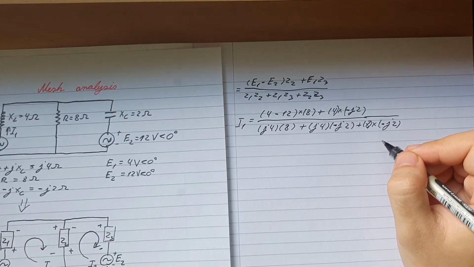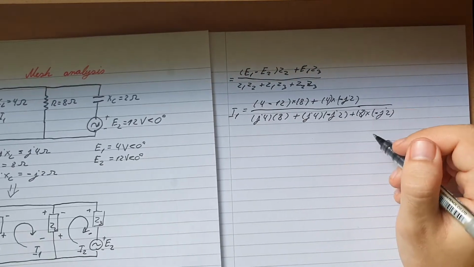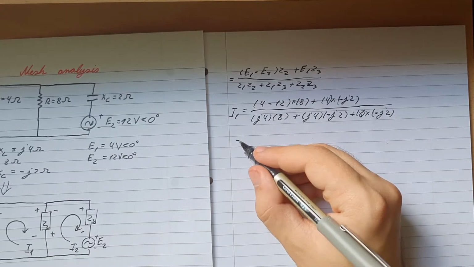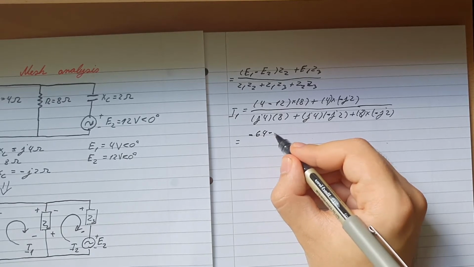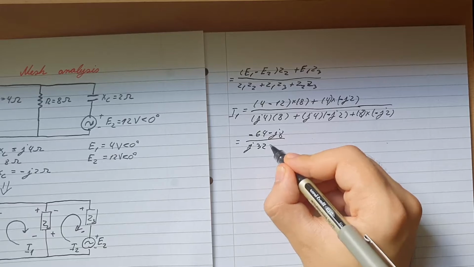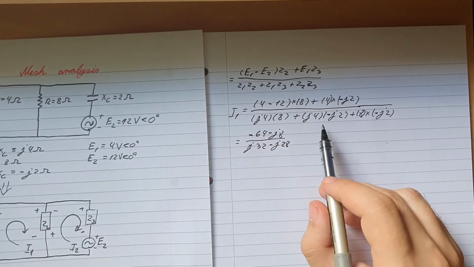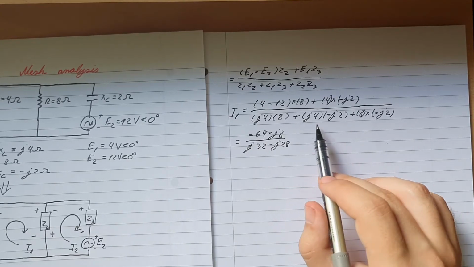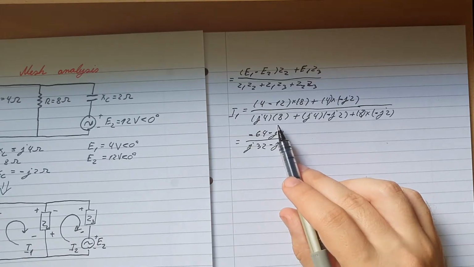Now let's go to the next step, which is simply calculating them together, by which I mean multiplying them. That will be equal to minus 64 minus j8 over j32 minus j28. Is it 28? Let me check. This one will be a negative j, but there has to be j squared. This one will be a positive j.